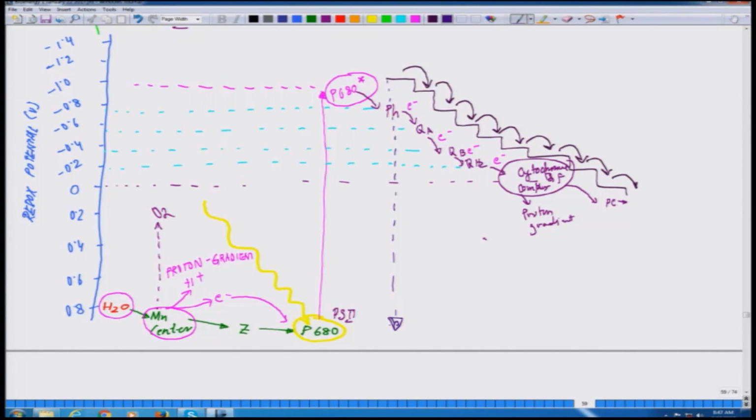Okay. In that whole process, while this is happening, simultaneously another thing has already happened at photosystem I. So, here we have the P700 or photosystem I, PS1.